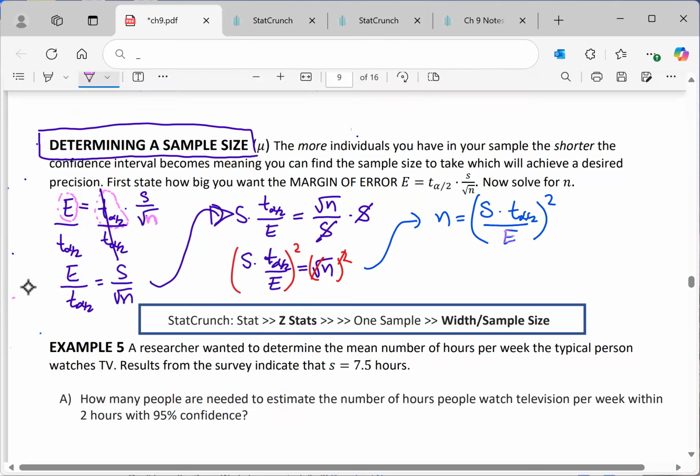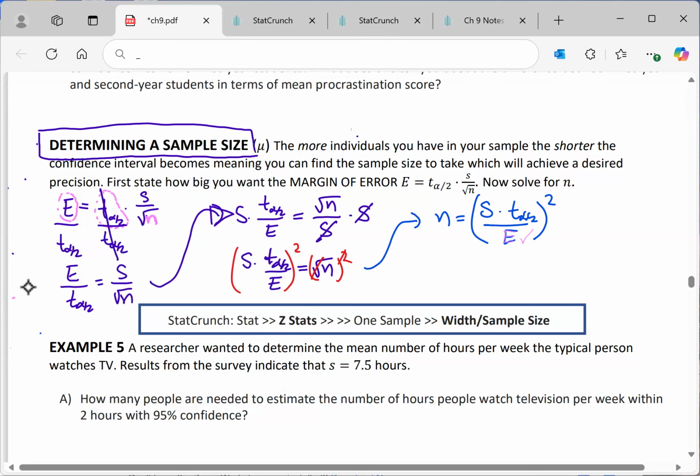E is given. We know how much margin we want for our application, or we specified that ahead of time. T alpha over 2 is also given because that comes from the confidence level that we want to achieve, and E is the margin of error.